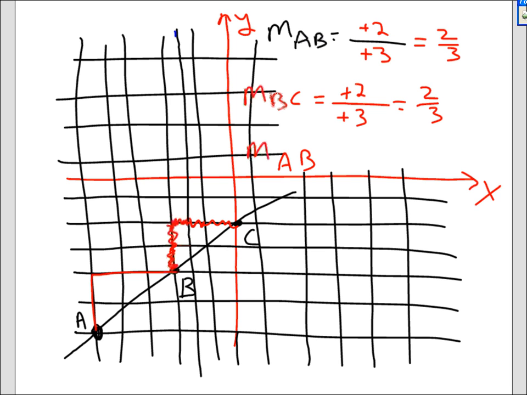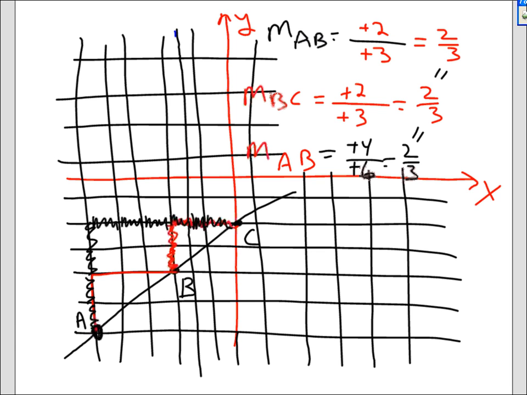Well, we'll go from A to B, shouldn't be a problem. You go up 1, 2, 3, 4. Up 4, that's the change in y, and then you go to the right 1, 2, 3, 4, 5, 6. Well, but that's still 2/3.